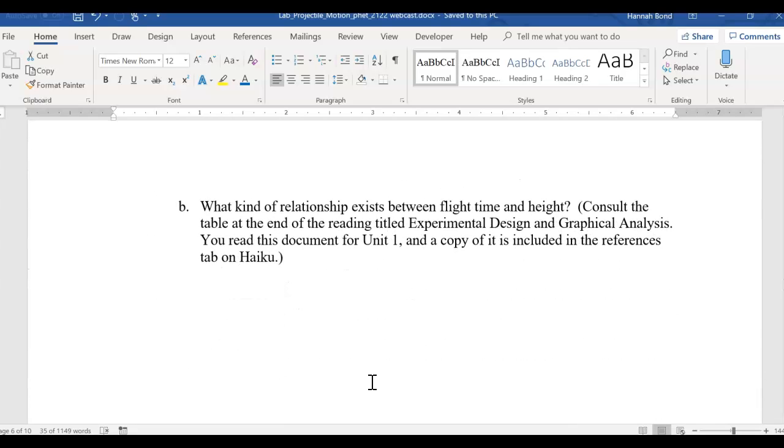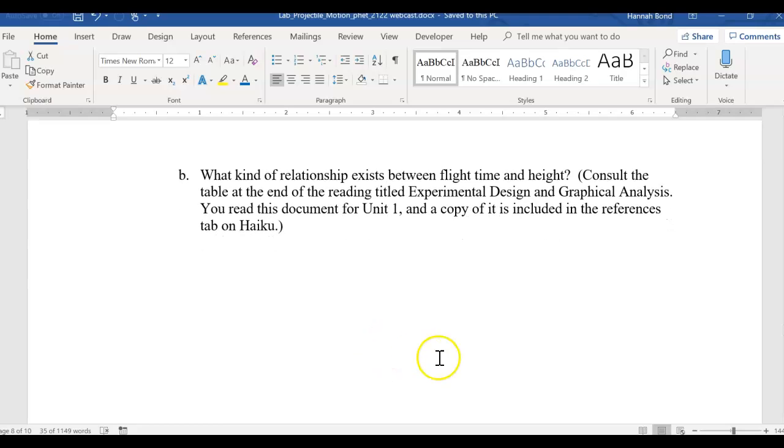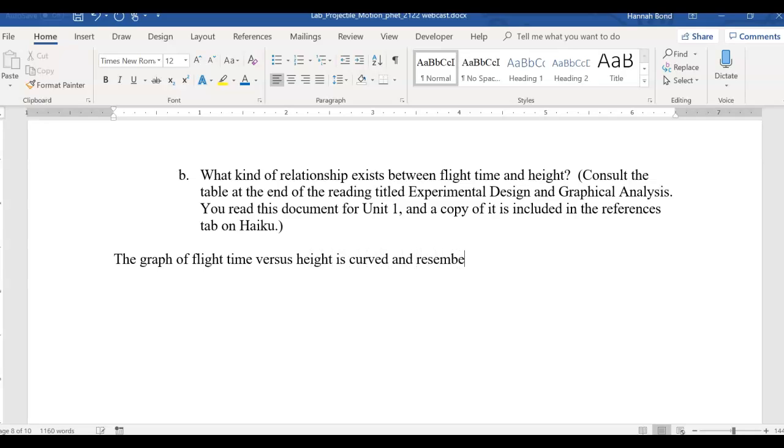So it says what kind of relationship exists between the flight time and the height. Okay, so the graph of flight time versus height is curved and resembles a square root function.